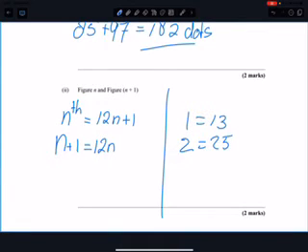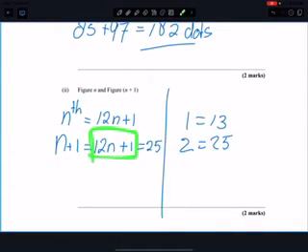Remember, when I place n, when I do this, my answer should be 25. What is missing in here for my answer to be 25? 12, correct. I'm missing 12 because from 1 to 2, the answer is added with 12.